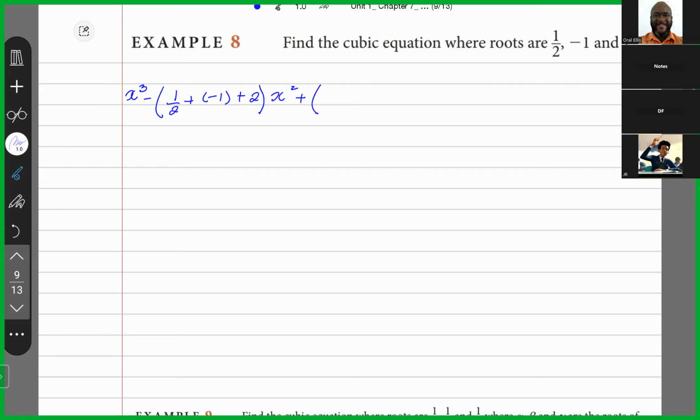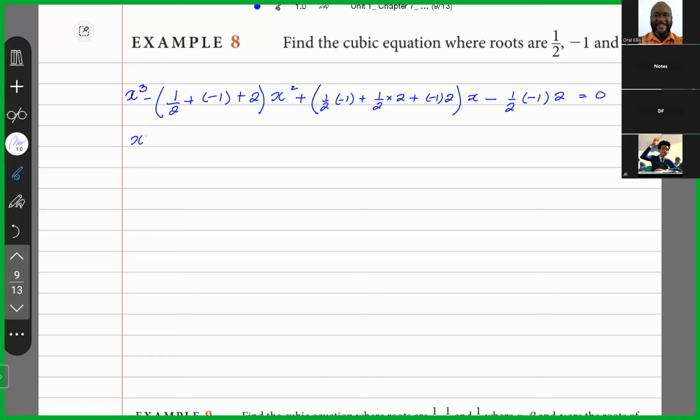So this is going to be a half times minus 1 plus a half times 2 plus minus 1 times 2, x, minus the product of the roots, so it's minus a half times minus 1 times 2, and this is equal to 0. So essentially this is our answer, but we just need to simplify it.